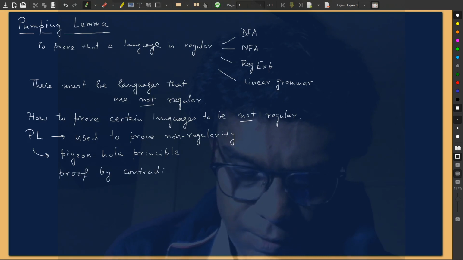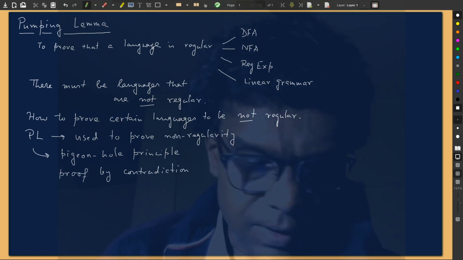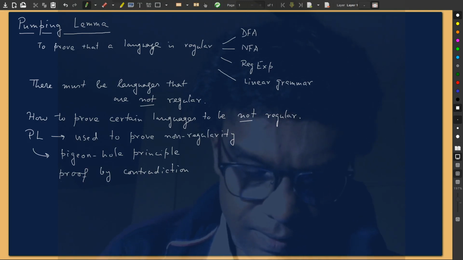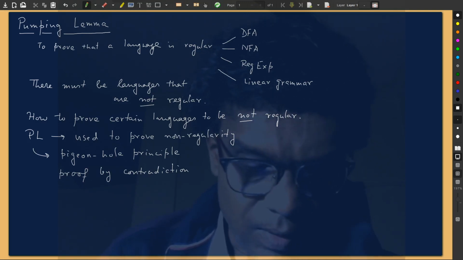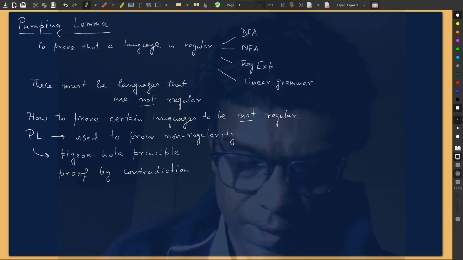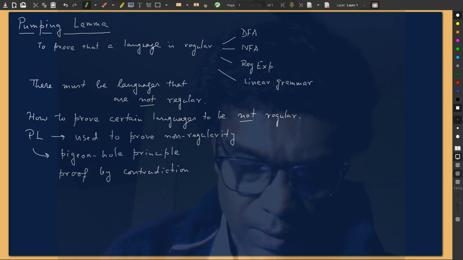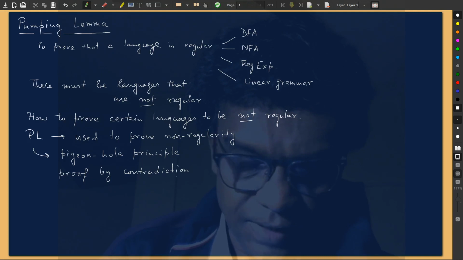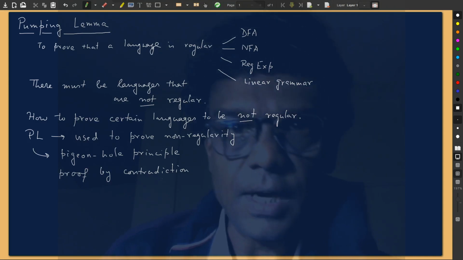In other words, we will assume that there exists a DFA for a certain non-regular language, and using the pumping lemma, the existence of that DFA leads to a contradiction. This is the basic idea of any pumping lemma proof.